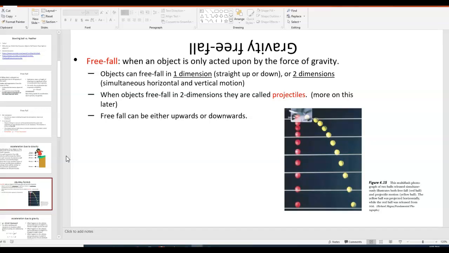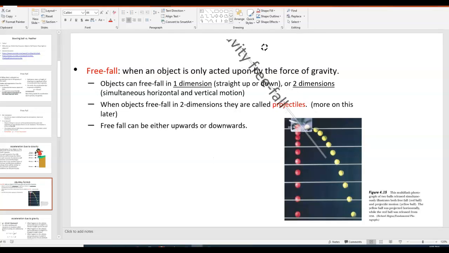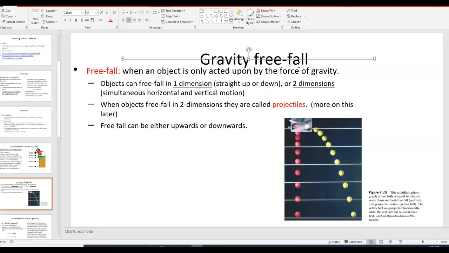Projectile motion is something we'll talk about in the next section of this unit, but basically projectile motion involves a situation where an object is falling, it's in free fall, but it's also moving sideways. Okay, so in this picture right here, this red ball is just like in normal free fall, and this yellow ball is a projectile. Okay, this represents projectile motion.